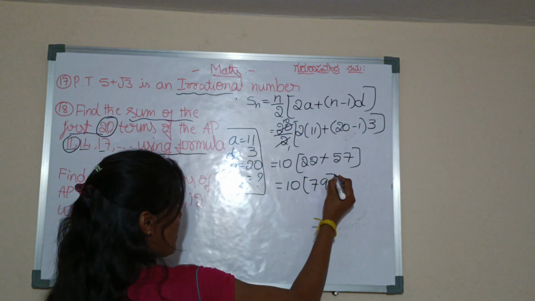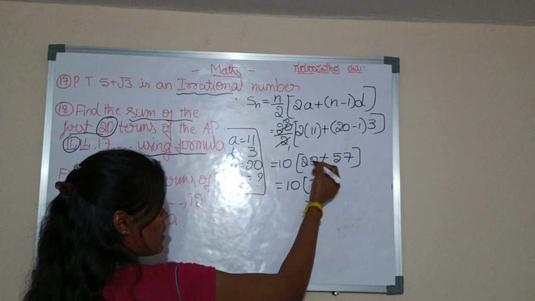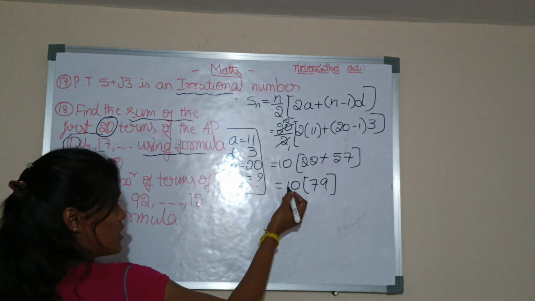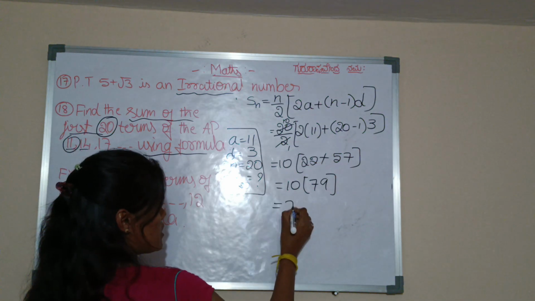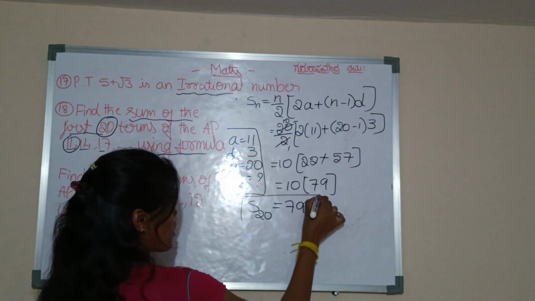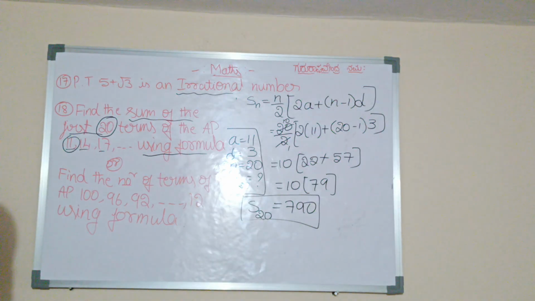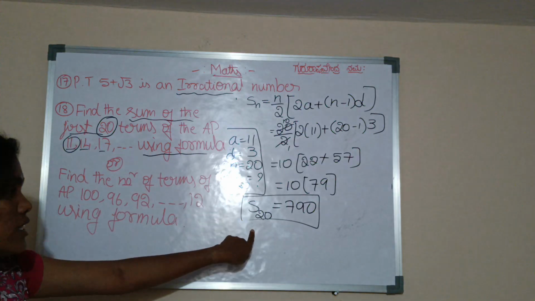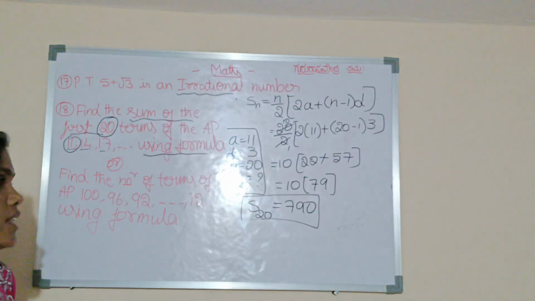Yes, 79. 7 plus 2 is 9, 5 plus 2 is 7. Then 10 into 79, that will be 790. Sum of the 20 terms of the given progression is 790.